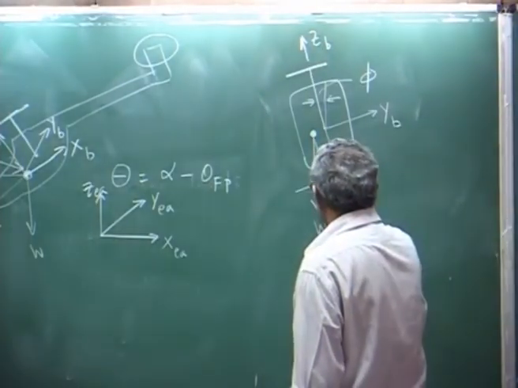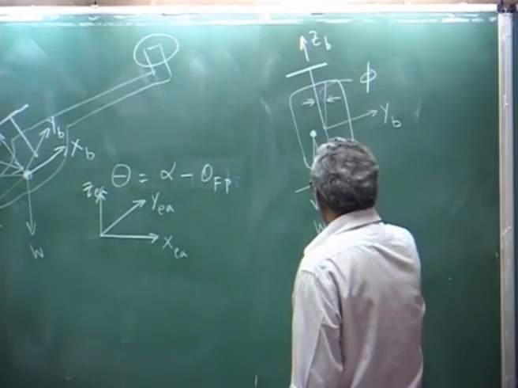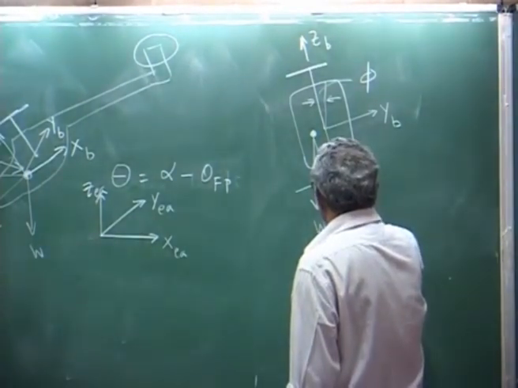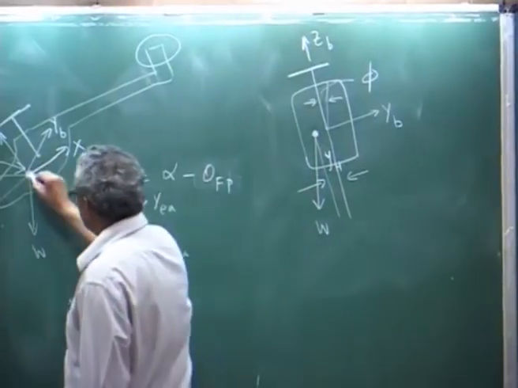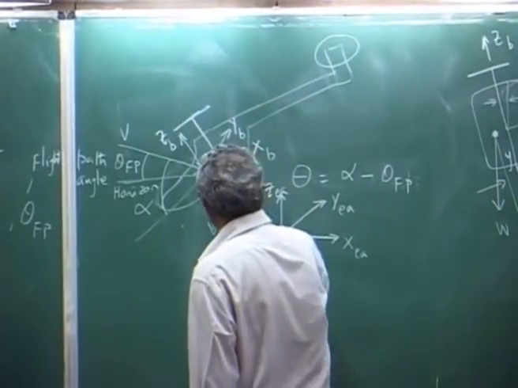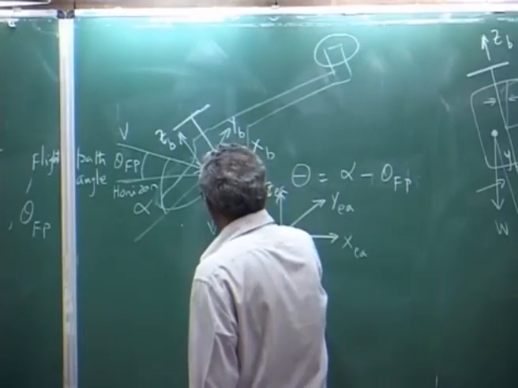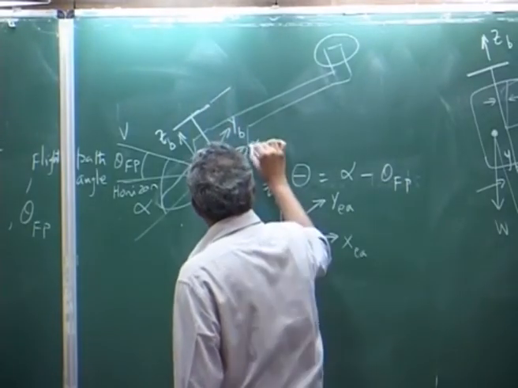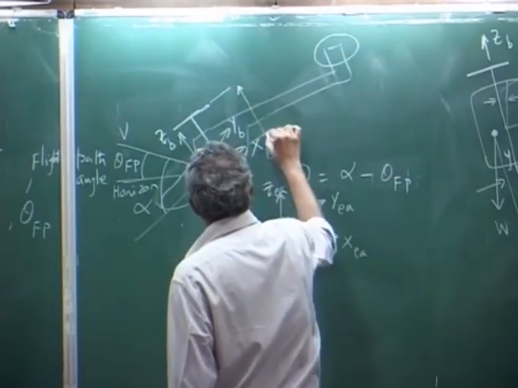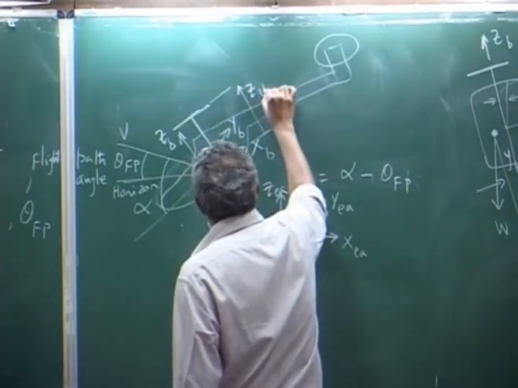and this distance you may call y hub. Here you may say this is x hub and this is z hub.